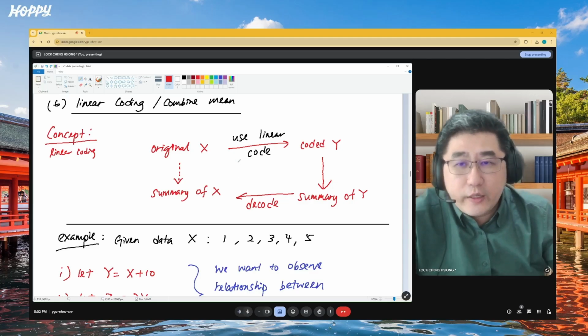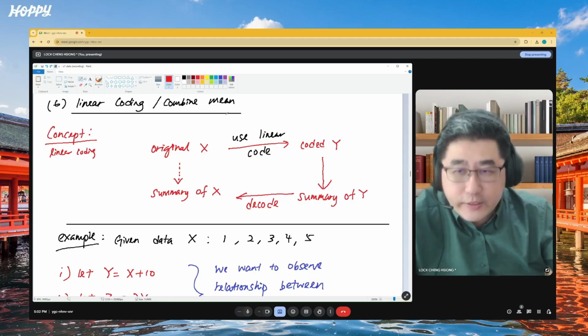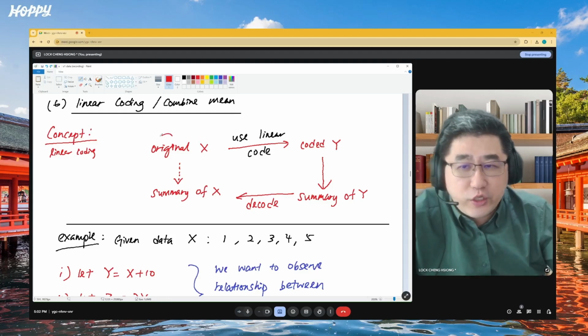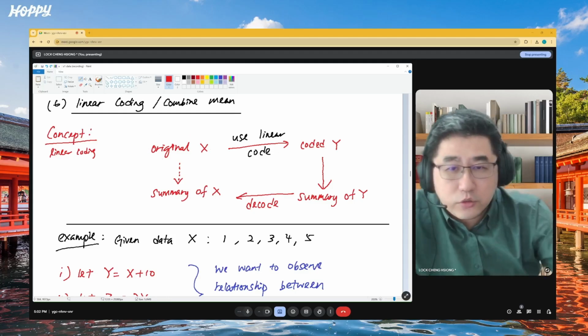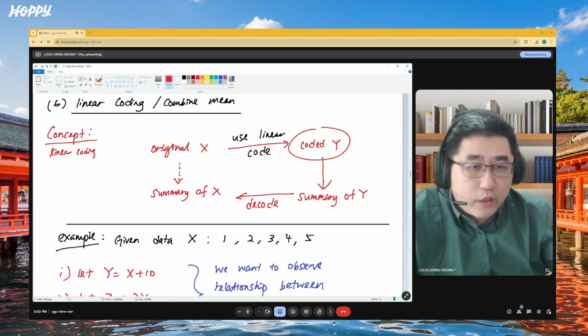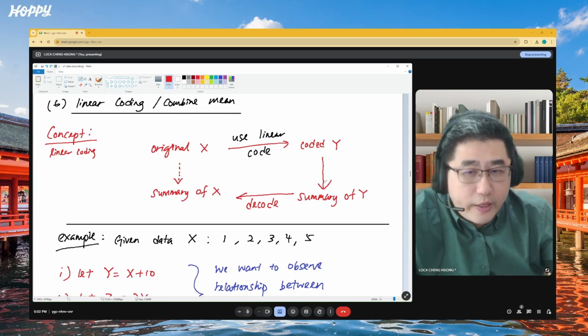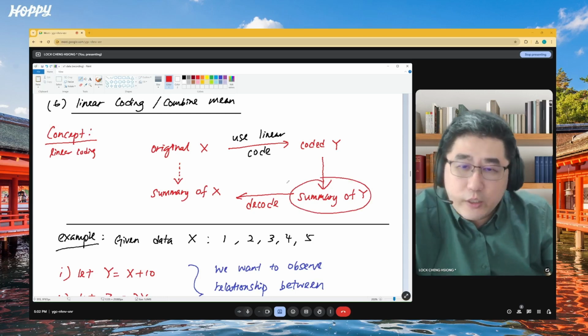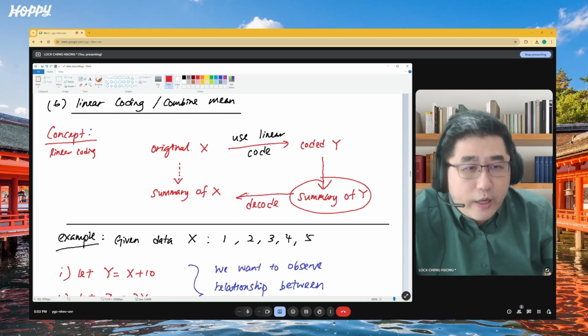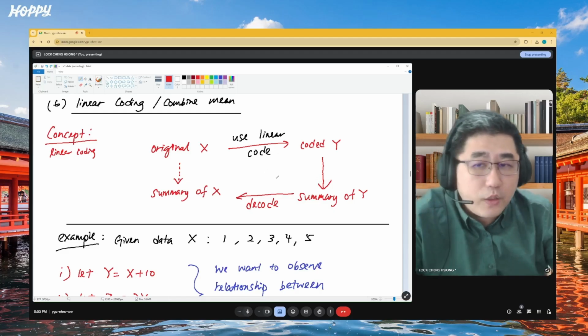Due to that, mathematicians came up with the idea: why don't we change the data into something nicer, so that it doesn't burden the computer? Once the computer helps us do the calculation, we can easily decode it back. So we don't need to ask the computer to do so much work. So this was the idea.